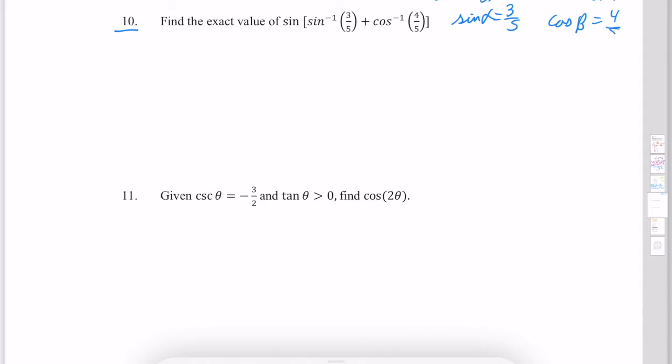Now I can rewrite this as sine of alpha plus beta, and I know sine of alpha plus beta equals sine alpha cosine beta plus cosine alpha sine beta.